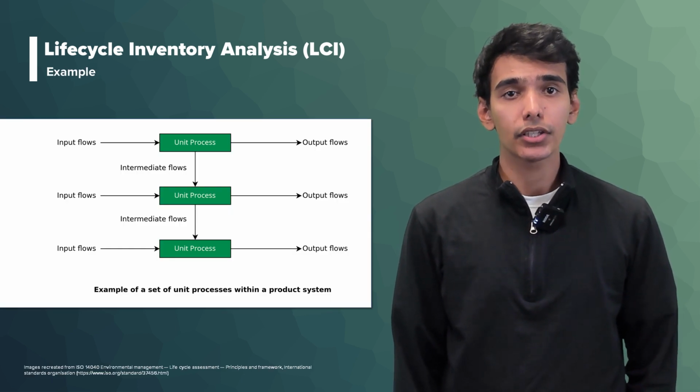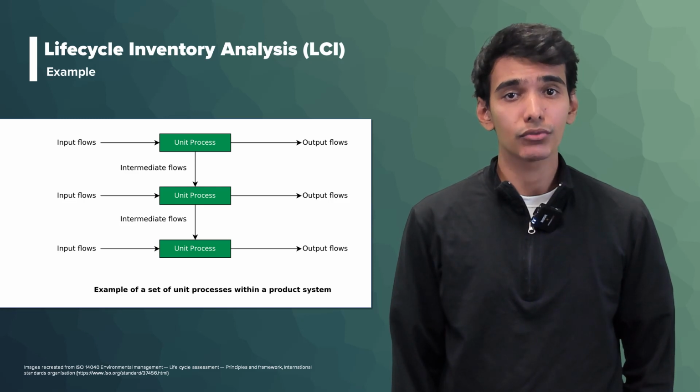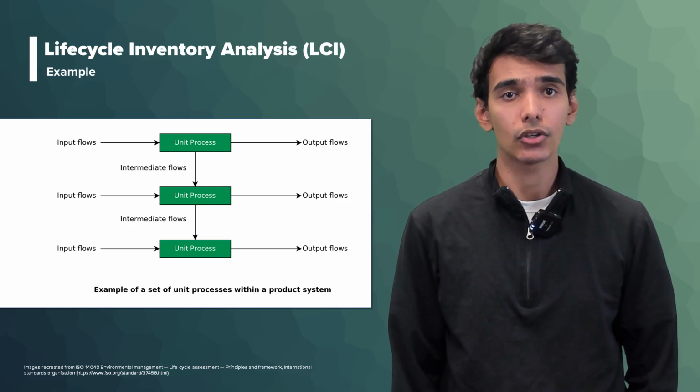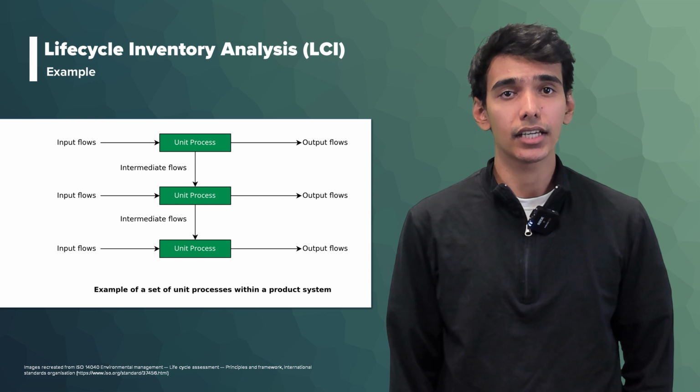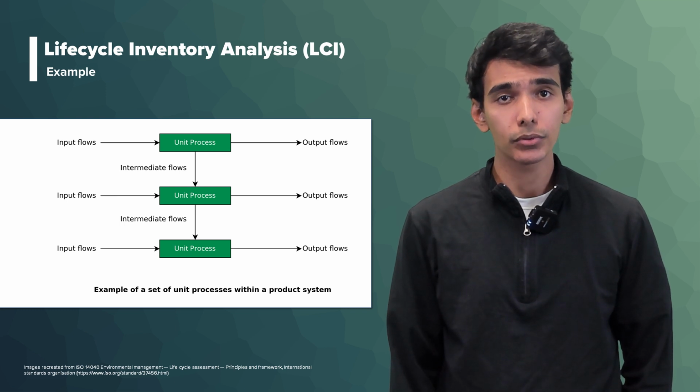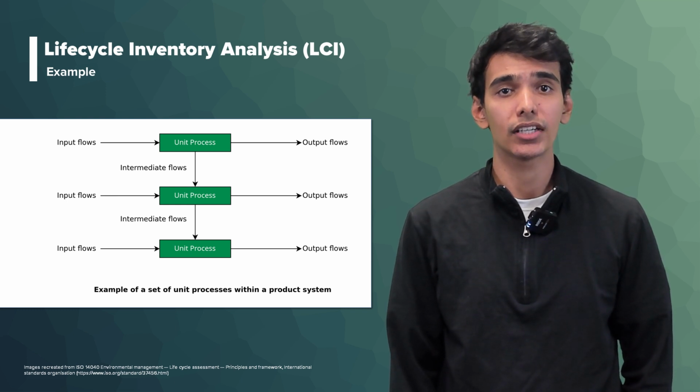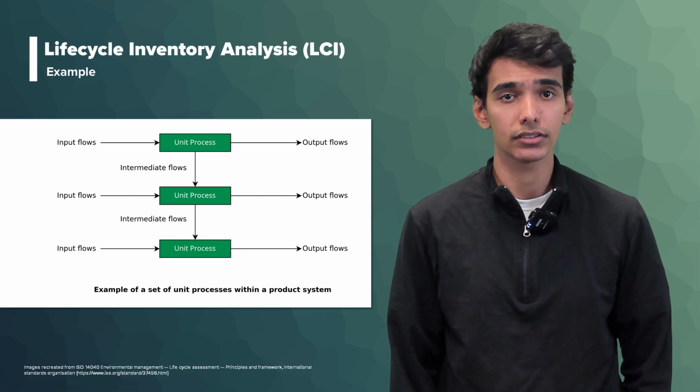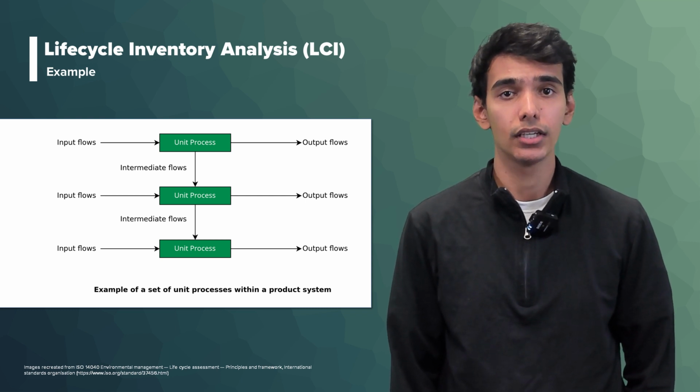So an example here is a set of unit processes within a small product system. On the left you can see various inputs that are flowing into these three unit processes, and each of these unit processes has an output, and some of them also have input from other unit processes. These are also called intermediate flows.